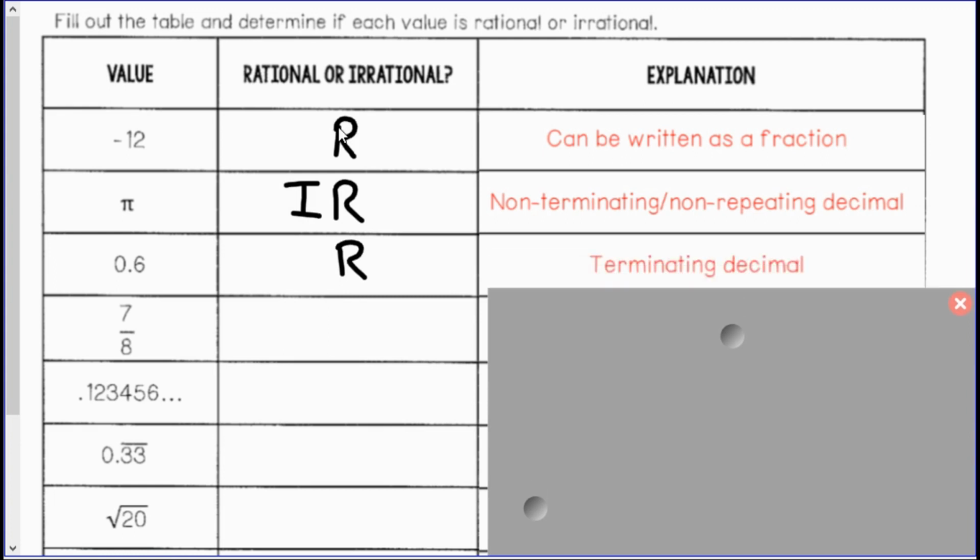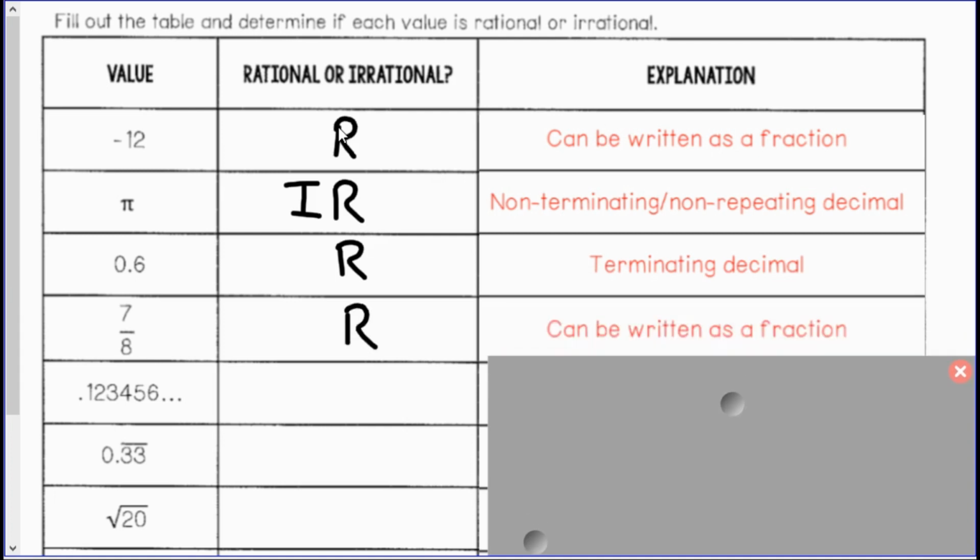It's a terminating decimal. 7/8 is rational. Can be written as a fraction. 0.12345... is irrational. Those three dots mean that it will never end.